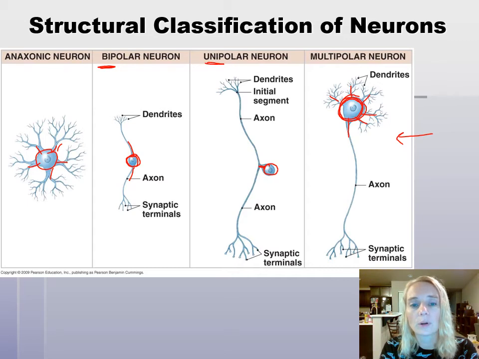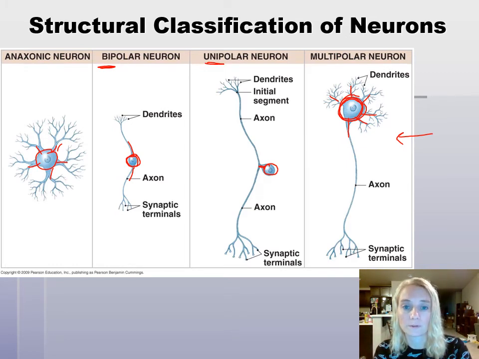Unipolar are also very common. They are peripheral sensory neurons, so they are the ones bringing information from the periphery towards the CNS. Multipolar neurons in the peripheral nervous system function mainly as motor neurons, so sending signals away. So if you think of unipolar as mainly sensory, multipolar's functionality is mainly motor.